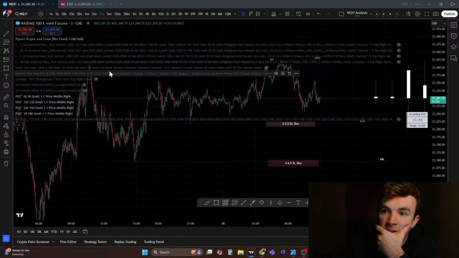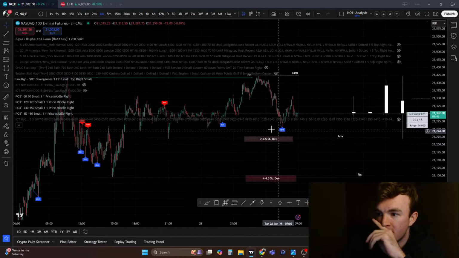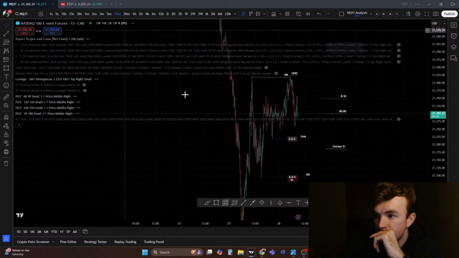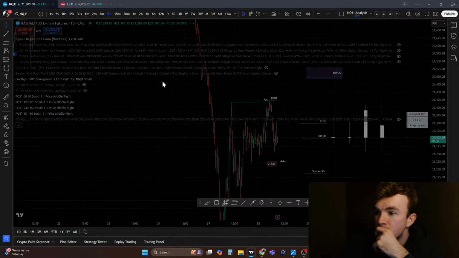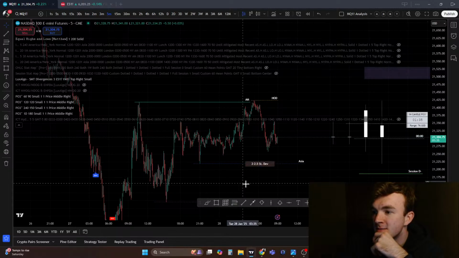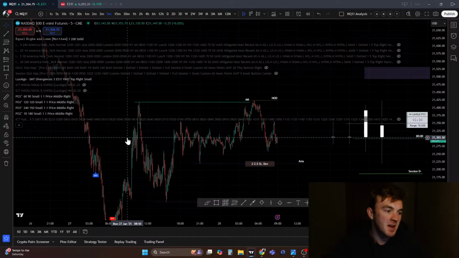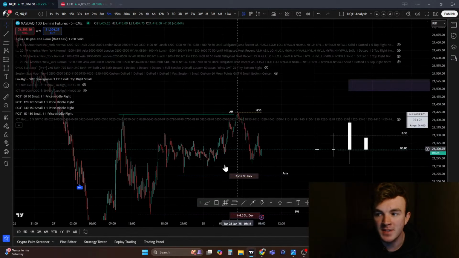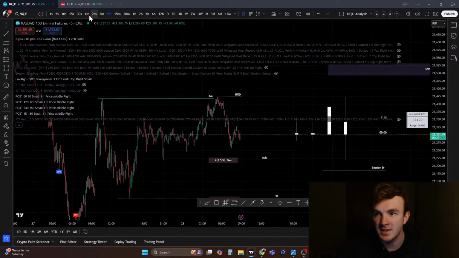What else can we look at? We've got apparently bullish SMT here. This SMT indicator is like terrible but good at the same time, because it will point out all the SMTs I don't see, but then it won't point out the obvious SMTs. Like it won't point this one out, it won't point this one out, but then it'll see stuff like this.